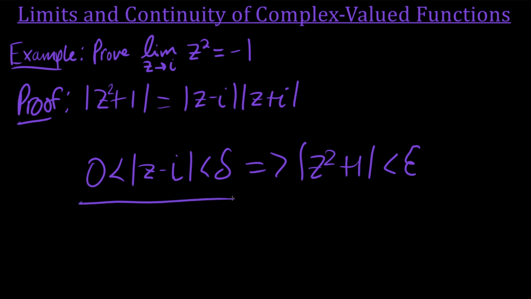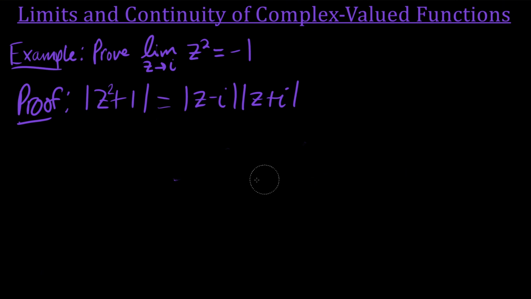So we're going to assume that the modulus of z minus i is less than delta, since this is the condition we care about. We have a modulus of z minus i right here, so we can bound this expression above by delta times the modulus of z plus i, because we're assuming that the modulus of z minus i is strictly less than delta.